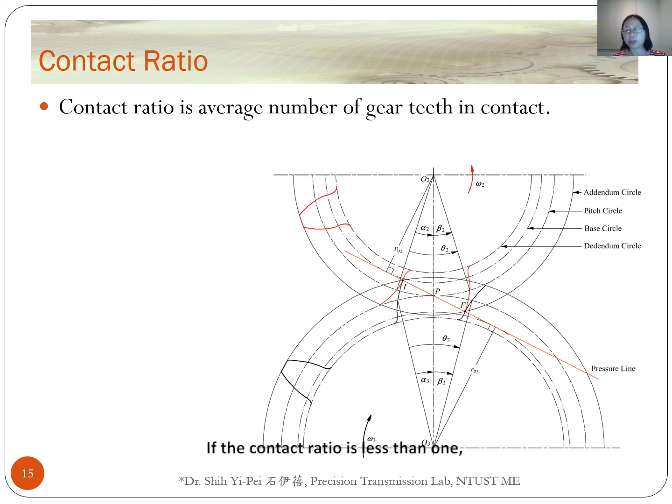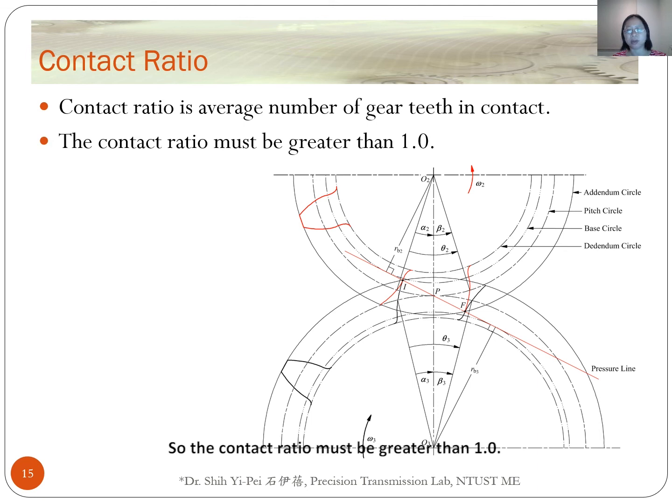If the contact ratio is less than 1, contact will be lost part of the time, and the gear pair will generate noise at a high speed. So, the contact ratio must be greater than 1. A large contact ratio normally means smoother running gears and enhanced load carrying capacity and steadiness.